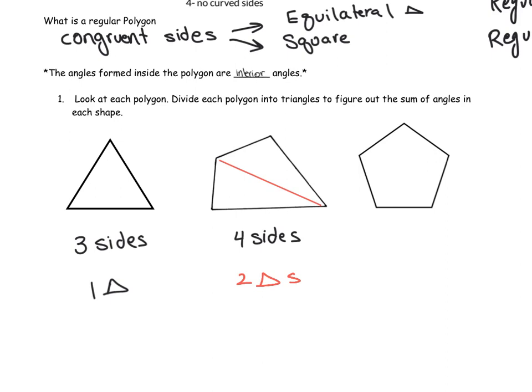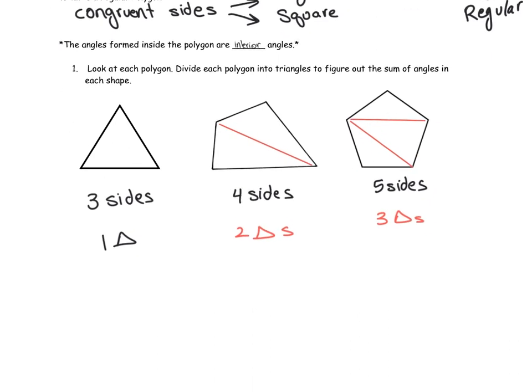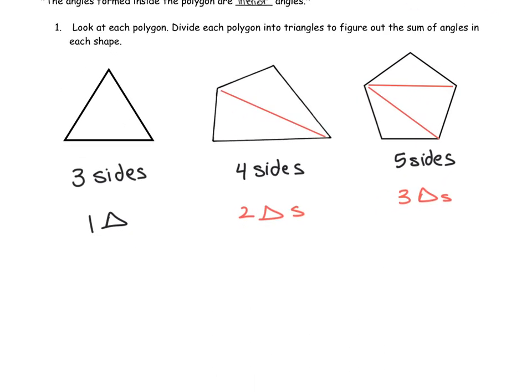And the third shape has 5 sides, and I can draw some lines to divide it into 3 different triangles. Now, if I'm given a hexagon, do I really want to keep drawing different lines to figure out how many triangles I can make?